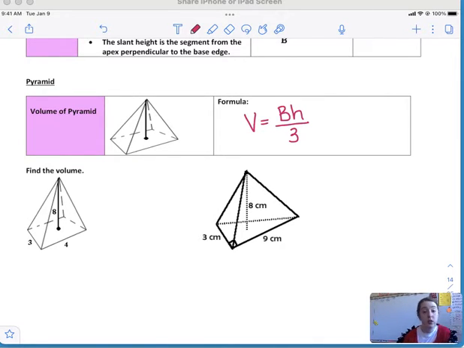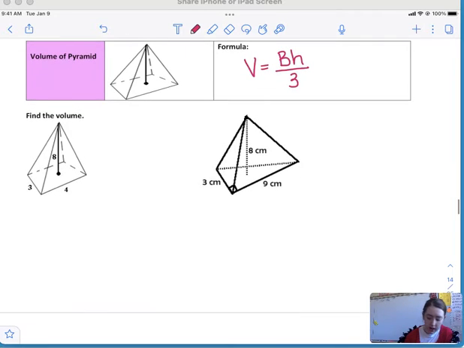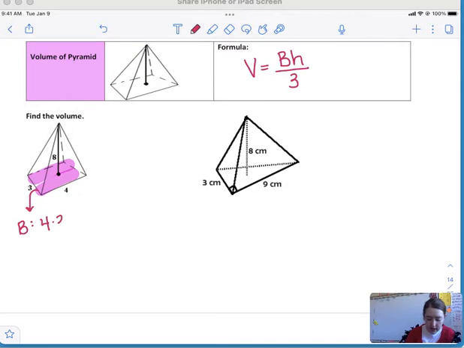Okay, so on this guy, my base is going to be this rectangle. So for the area of my base, I will take 4 times 3 for base times height, and we'll get 12.